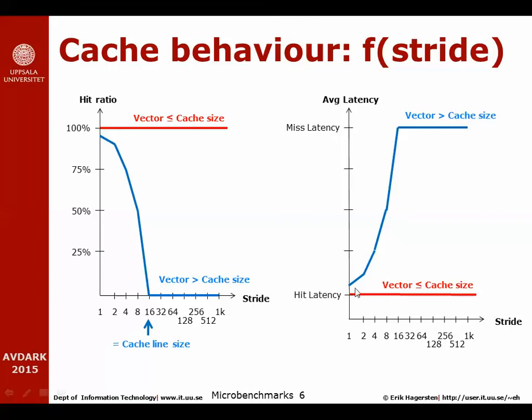When looking at a vector which is larger than the cache size, the average latency is going to be the miss latency of the cache up until we make accesses with a certain stride. From there on, the average latency is going to go down in what we call the ski slope here, as the Swedes say, and eventually it's going to get closer and closer to the hit latency. And once more, looking at this picture, we can draw the conclusion that the cache line size is 16.